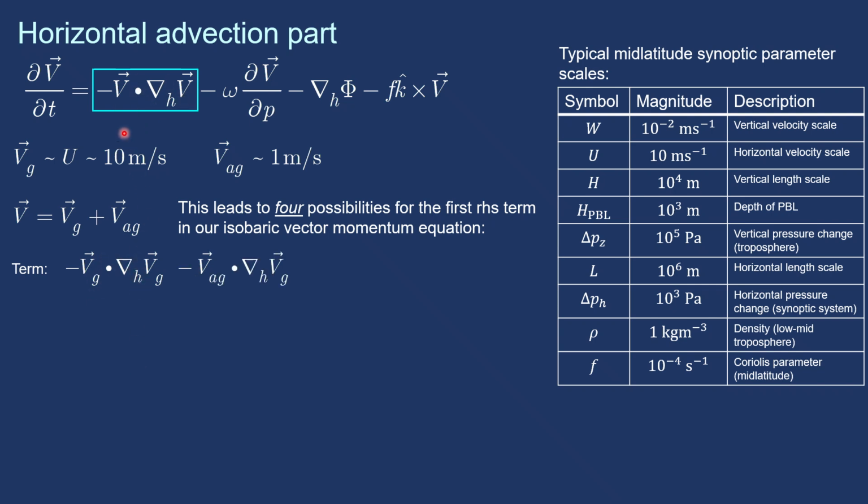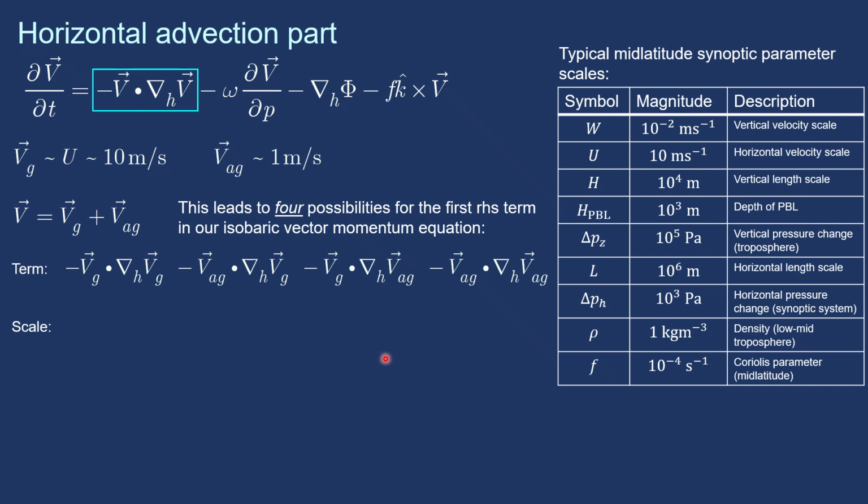Another is that the first V is ageostrophic and the second V is geostrophic. A third is that the first V is geostrophic and the second V is ageostrophic. And the fourth is that both V's are ageostrophic. So we have 4 total scenarios for that advection term, and we can scale each of them in turn.